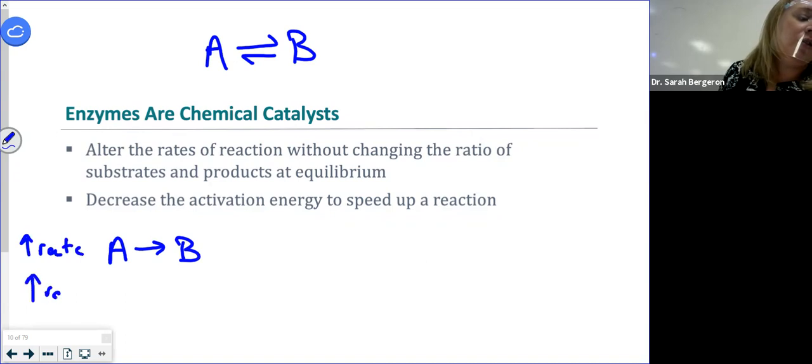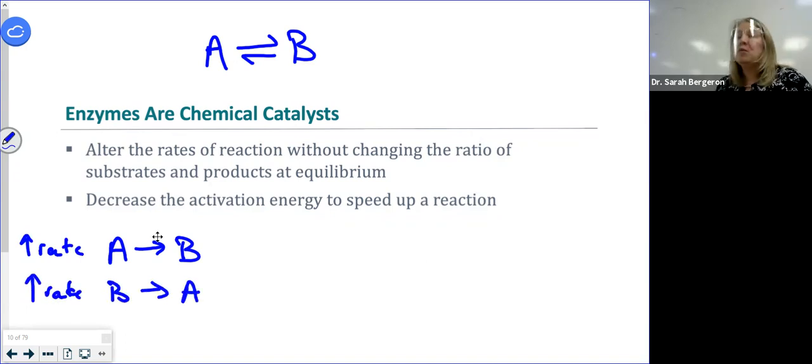We can also increase the rate of B going to A. So you make the reactions go a whole lot faster, but you end up at the same equilibrium. That's really important to remember in enzymes. So you're changing the rate in both the forward and reverse directions, right? So rates affected, equilibrium unaffected.